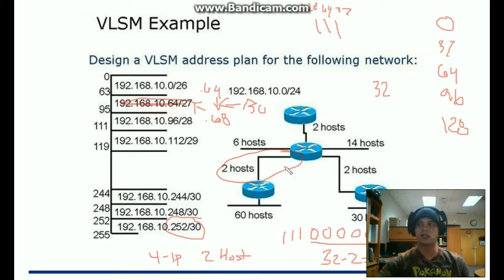Normally you would use /30s for point-to-point links, and you're never going to have a network with just 1 host on it. There are things called host networks, but that's something totally different and beyond the scope of this video. But that is how VLSM works.